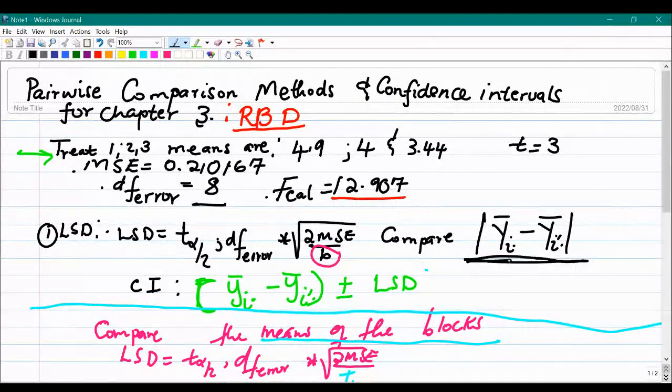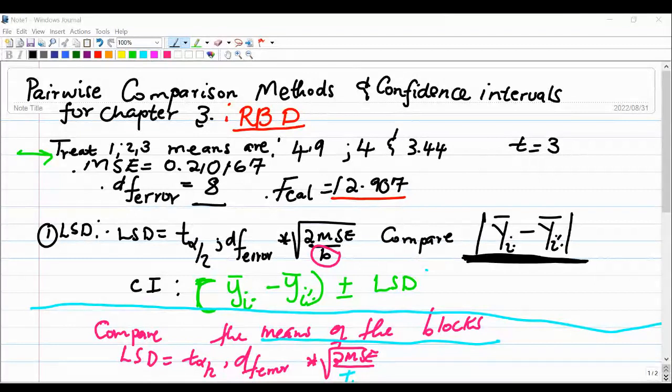Can you see it? Because this one, you write it like this provided your treatment goes with the rows. You understand, my sister? Any question based on that? Any question, please?